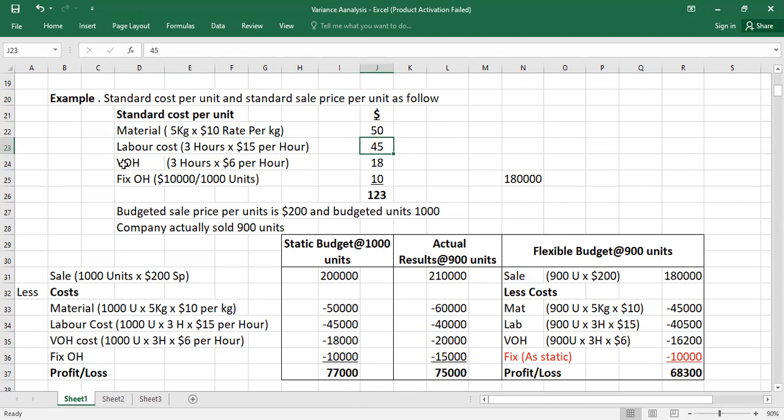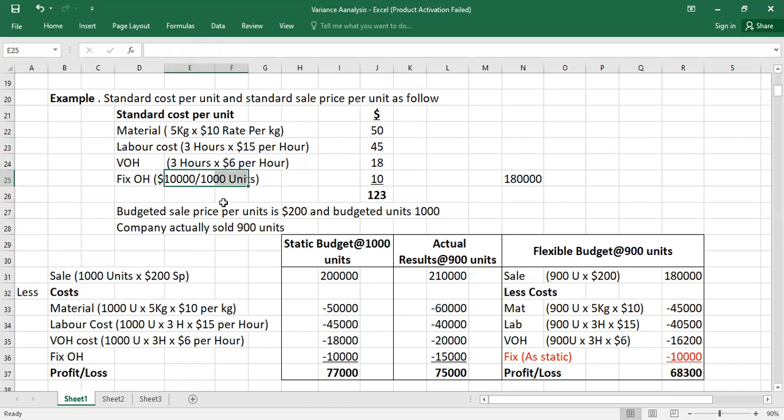We have a third component, which is variable overhead, and I'm assuming here that variable overhead is based upon labor hours. So we use 3 labor hours multiplied by $6 per labor hour, which is the rate for variable overhead. So 3 times $6 gives $18. Then we have fixed overhead. I'm assuming fixed overhead for one year is $10,000, and we are planning to produce 1,000 units in the upcoming period.